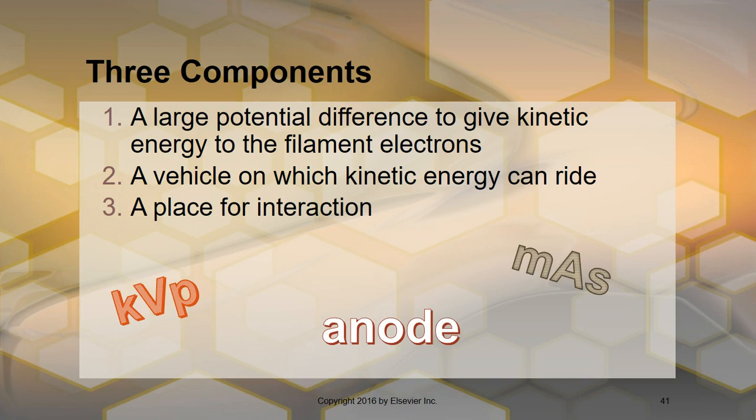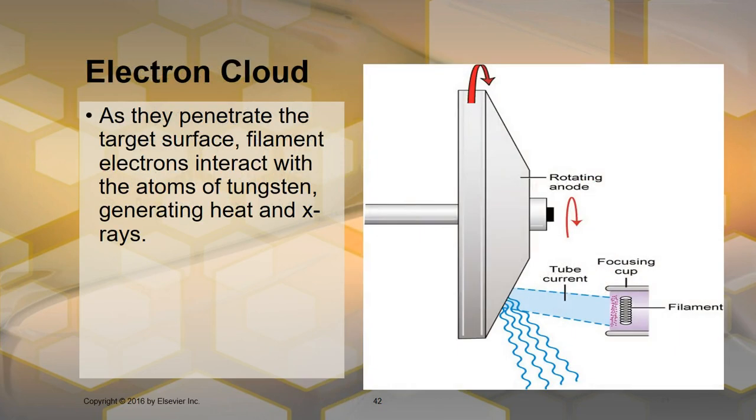Later we will talk about how kVp is processed, how mass is processed, but right now you know the cathode creates the electrons, you rotor it up, then you hit the button, it sends it to the target anode, and then it goes through the window down and X-rays whatever body part you have in the path.